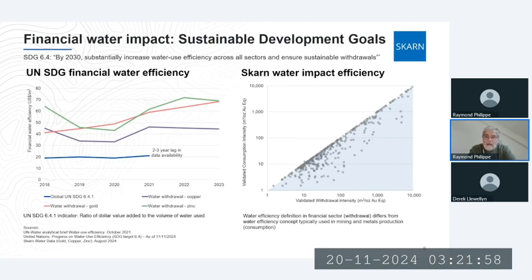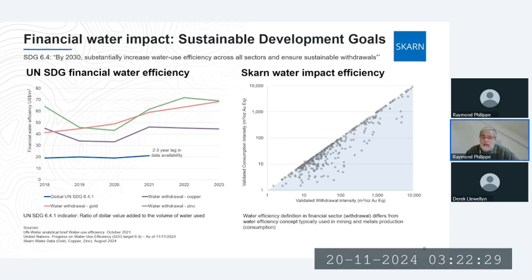What happens there is that typically the amount of water that is being withdrawn, that's being captured, is maybe very much higher than the total amount of water that effectively is being consumed, with the difference being discharged back to the environment. So there is a problem, or at least a footnote to be made, when you're using this specific financial water efficiency declaration, that in the case of mining, you might have a different view.